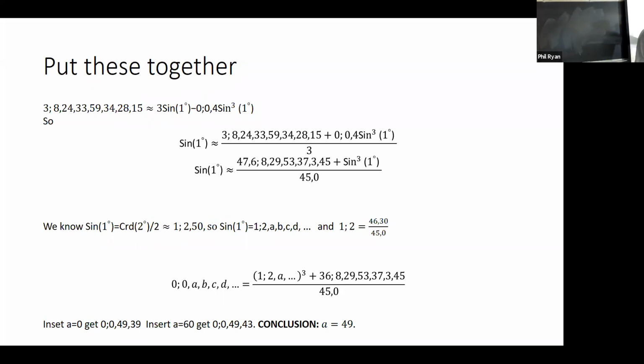So we get rid of the 1, 2, and we get 0, 0, A equals 1, 2 cubed plus 36, because we've subtracted this from that.